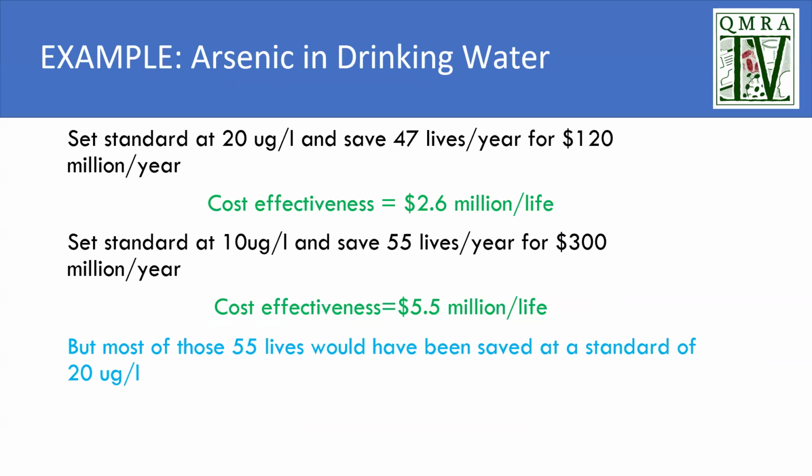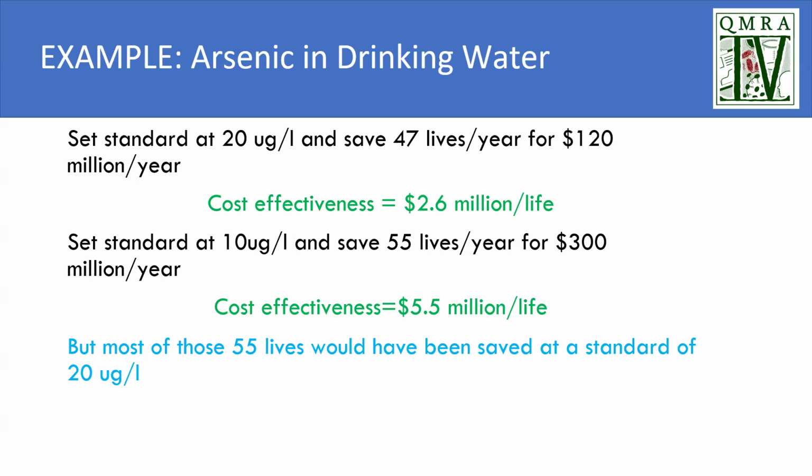So, in our example, if we're looking at arsenic in drinking water, we have two different risk management strategies. The first is to set a standard for arsenic at 20 micrograms per liter. And we know that this will save 47 lives per year for a cost of $120 million per year.